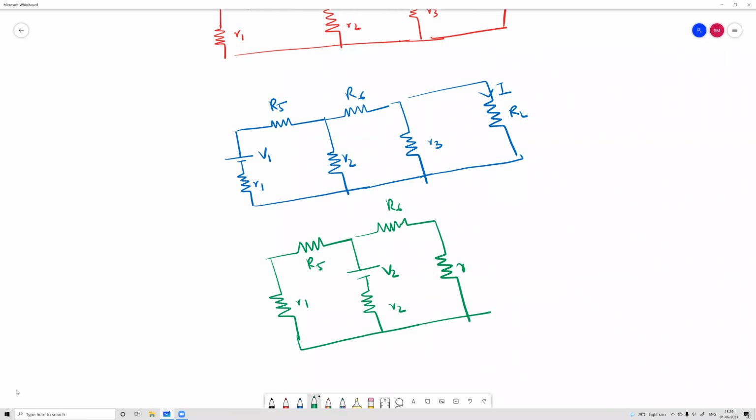Let this current be I1. This current is I2.